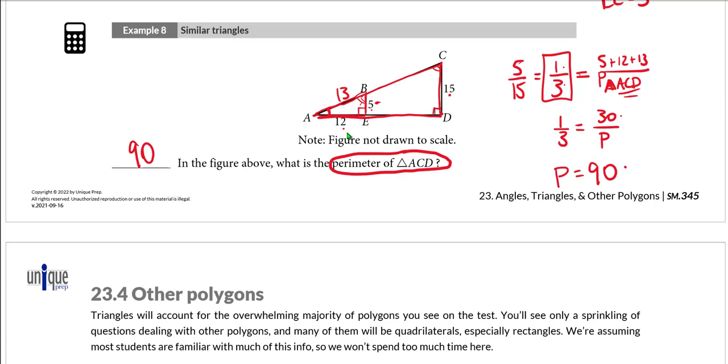It's also worth noting that in making that calculation, I didn't have to find any of the other segments or side lengths in the larger triangle. I didn't have to find BC or ED or anything like that. I simply used the direct relationship between the perimeter of the smaller and the perimeter of the larger triangle. That is it for similarity.